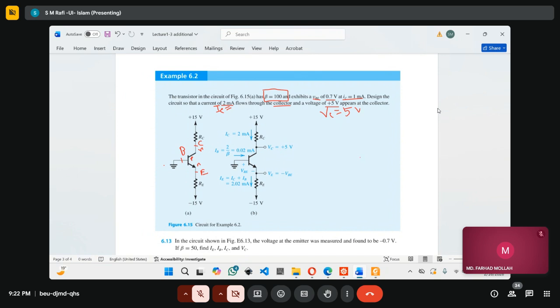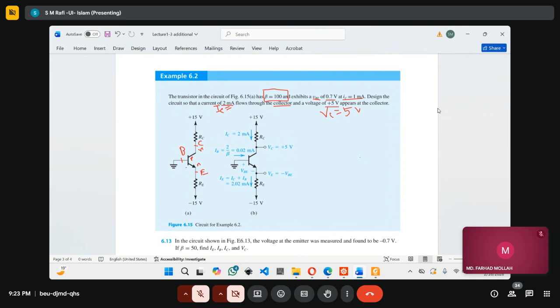So basically, this voltage was given when this PN junction, the transistor, was tested at this particular current passing through the transistor. They calculated VBE equal to 0.7 volt.